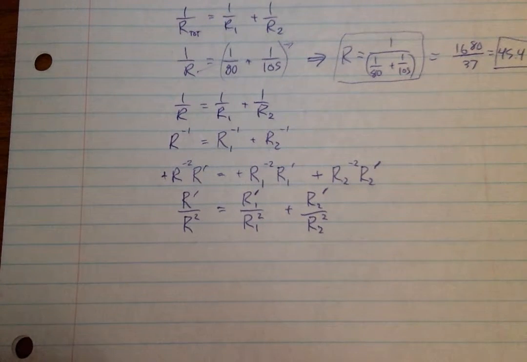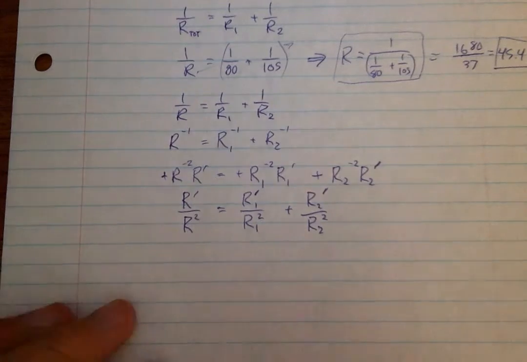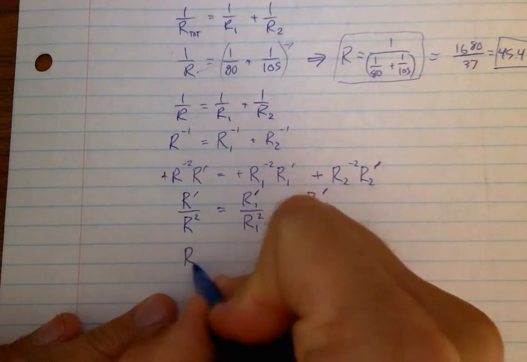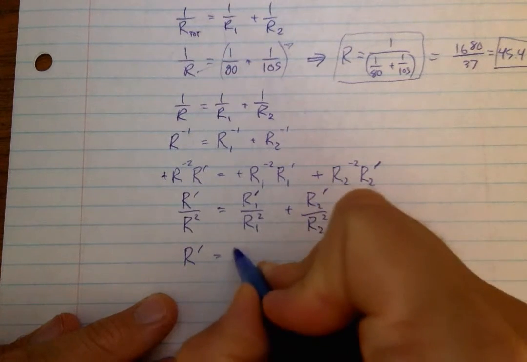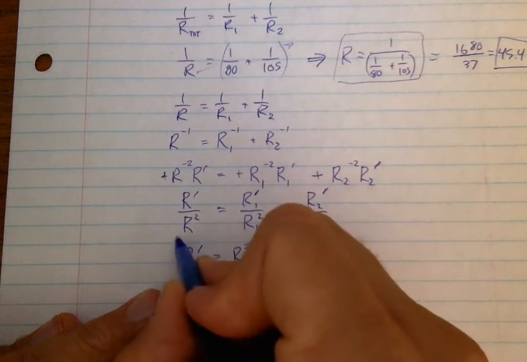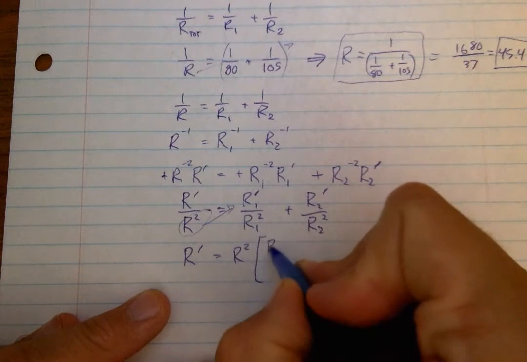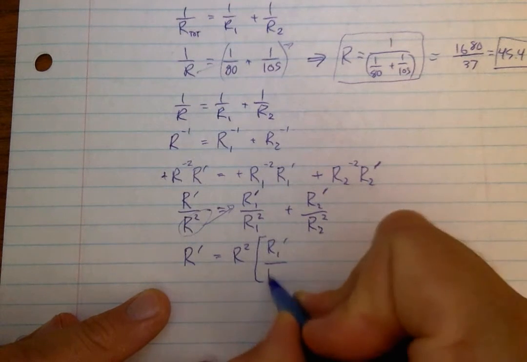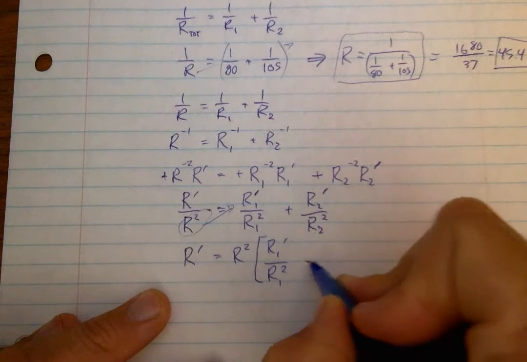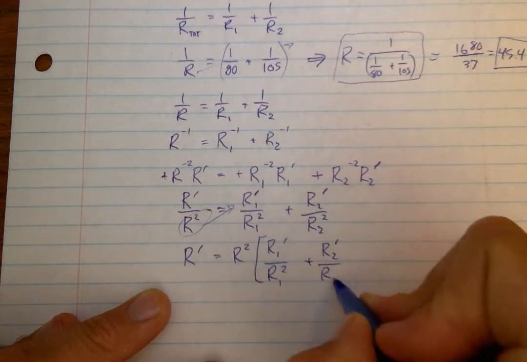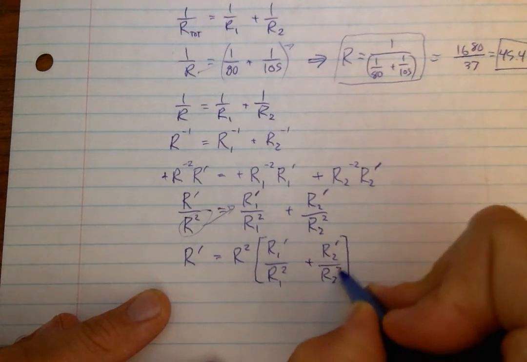What are we trying to solve for again? We're trying to solve for R prime, aren't we? So let's multiply everything over here by R squared. That just goes up there. Now we have R1 prime over R1 squared plus R2 prime over R2 squared.